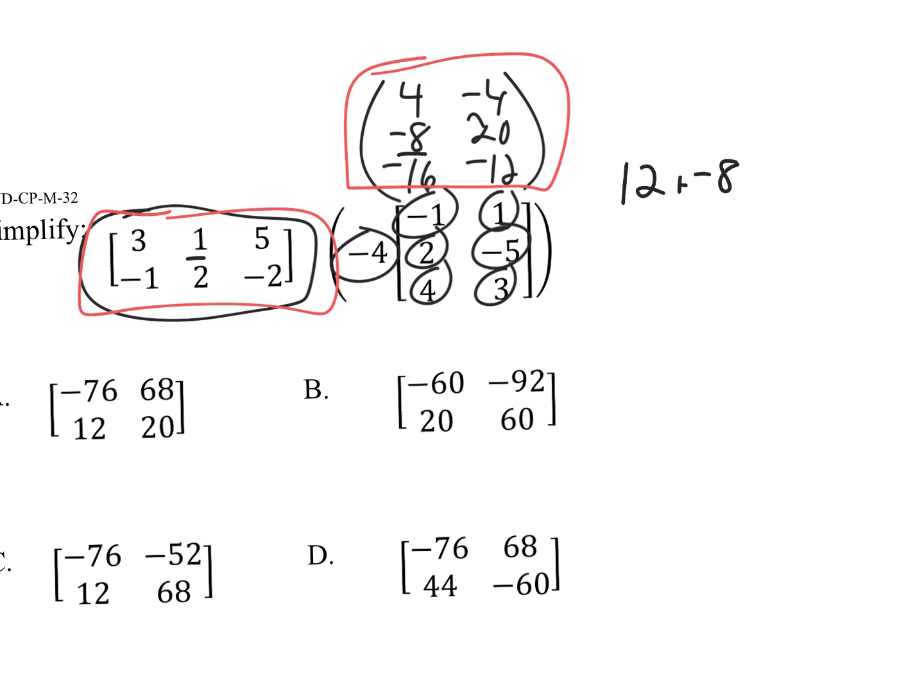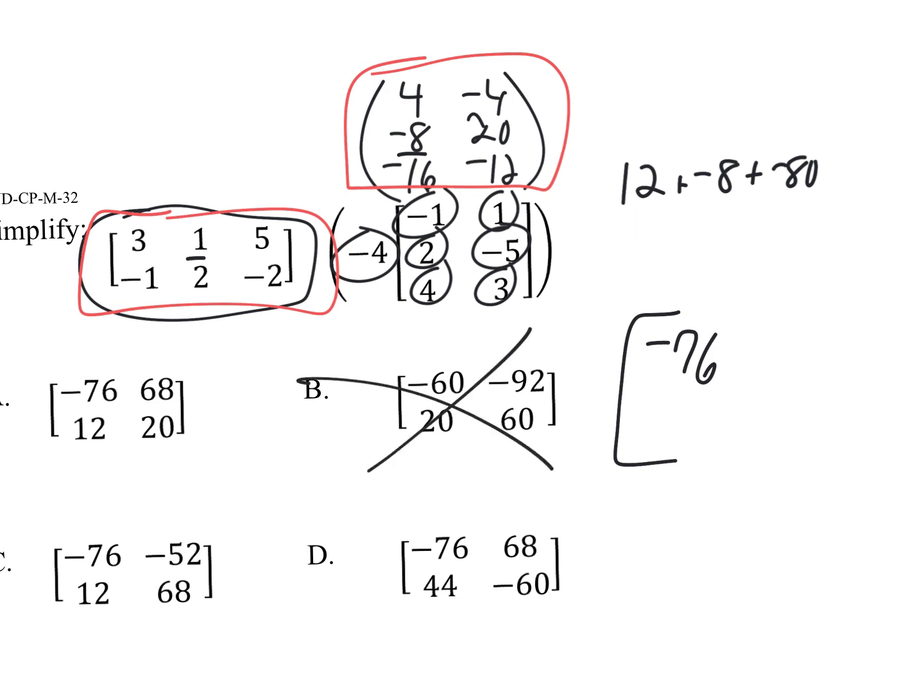And 5 times negative 16 would be negative 80. You could just type this on your calculator. 3 times 4 plus 1 times negative 8 plus 5 times negative 16. That'd probably be an easier way of doing that. So that's going to work out to negative 76, as you might expect, because 3 answers have that.